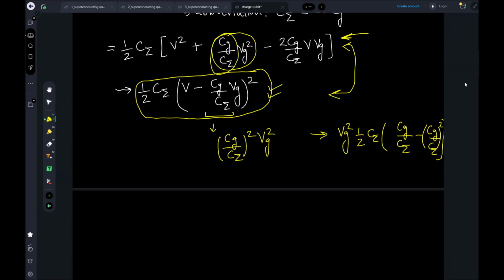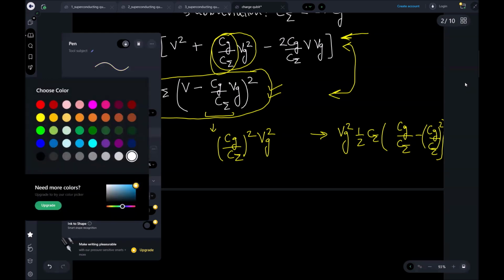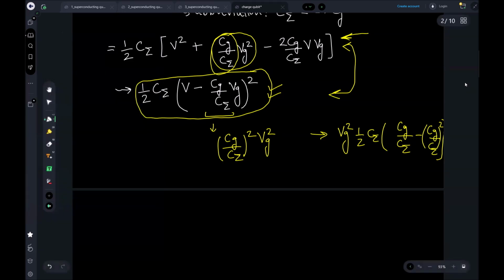And the reason is I'm going to use it in the Hamiltonian, which will be coming up soon. You'll see that if I change the Hamiltonian by a constant energy, it doesn't change the nature of the quantum system. So all of this is coming very soon. I'll mention it again once we get there.